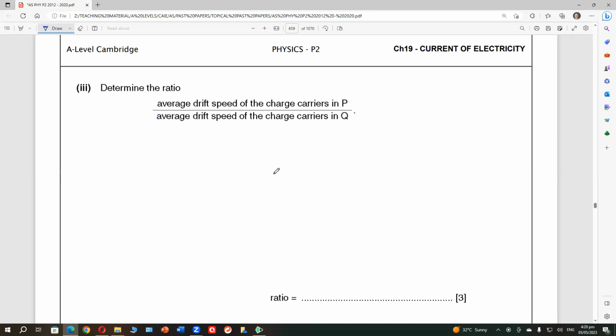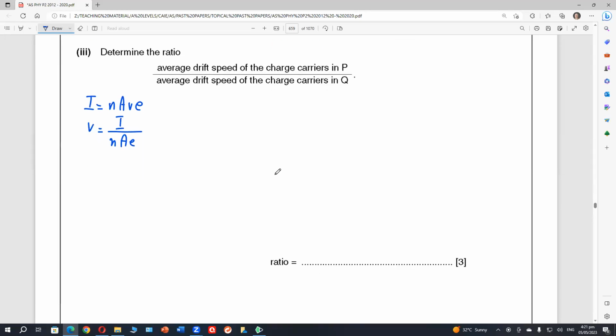Determine the ratio of average drift velocity of the charge carriers in P and in Q. The formula says he is making a ratio.